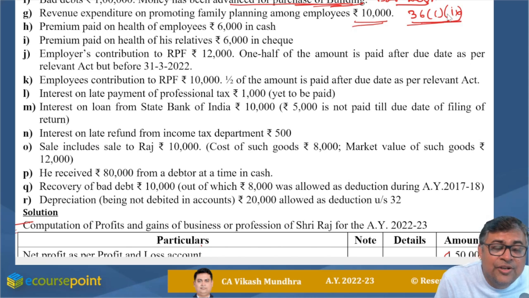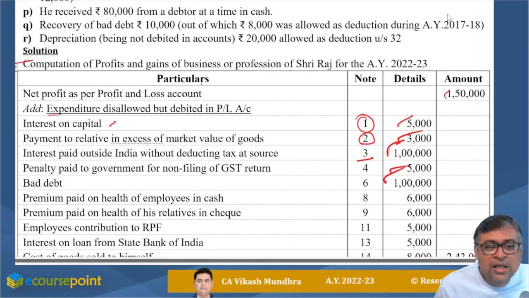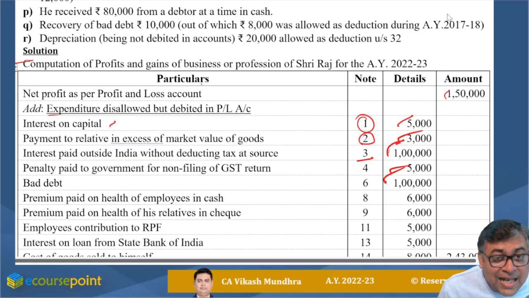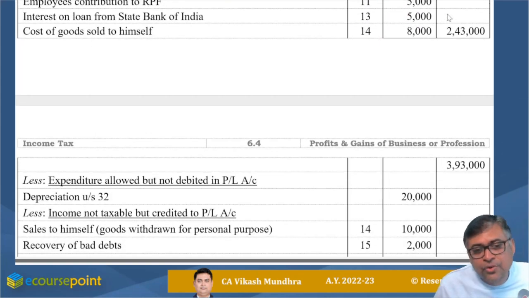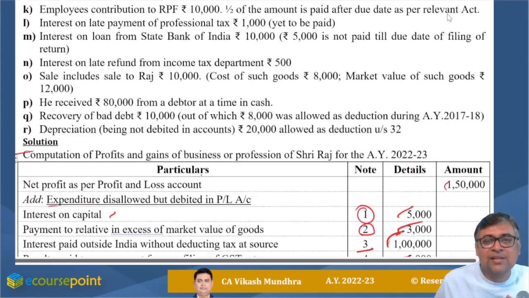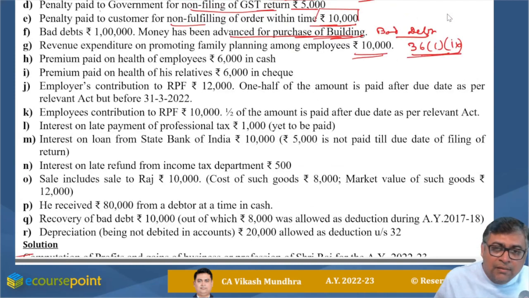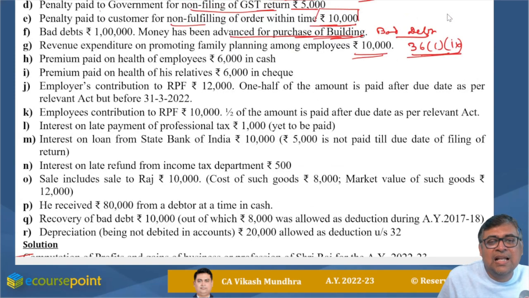But since it is a revenue expenditure, we can think about section 37. If you think this is allowed under section 37, nothing is to be done. If you think this should be added back, then add it back. But I am thinking this is a revenue expenditure incurred for business. This is not a personal expenditure. Hence, this should be allowed, not under section 36(1)(ix), but under section 37.